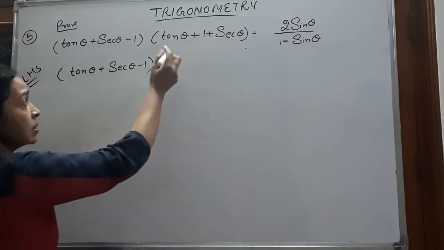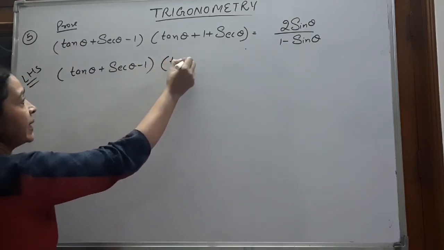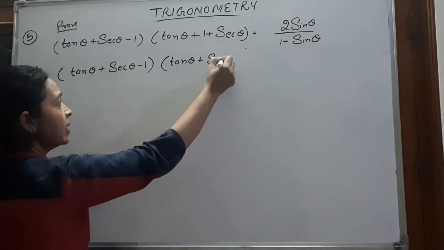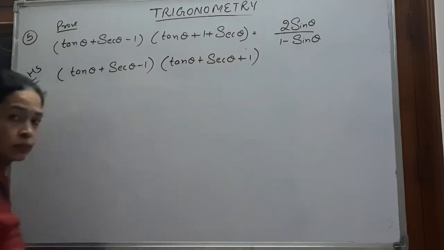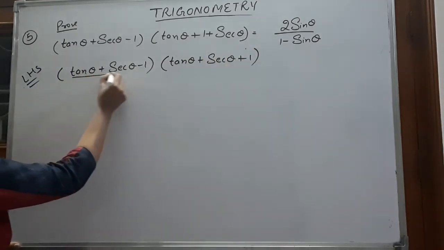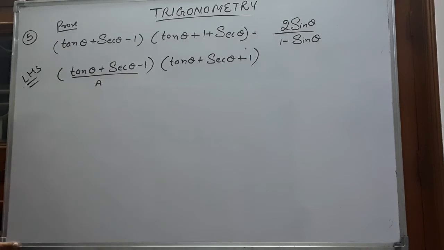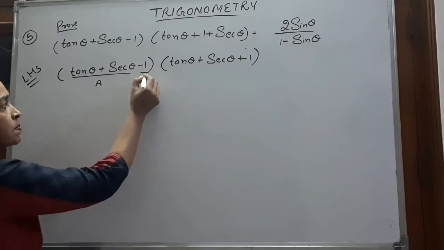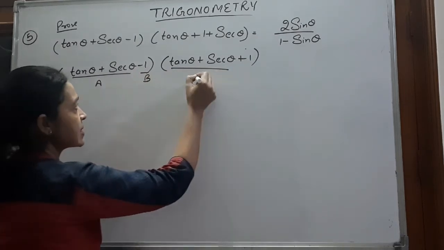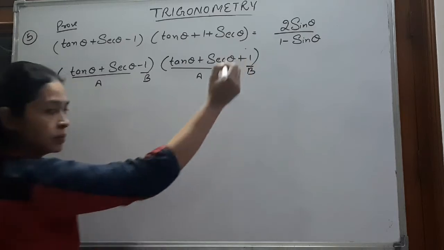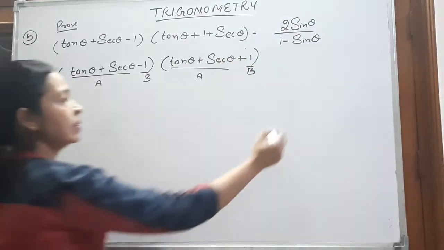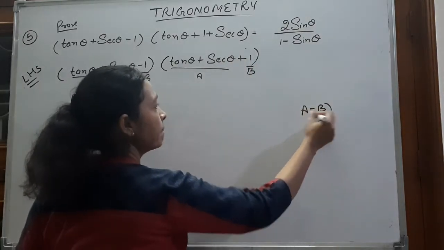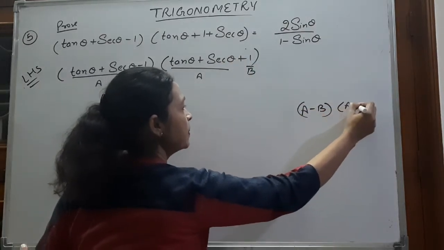If we rearrange these terms, we can write tan theta plus sec theta plus 1. Tan theta plus sec theta, if we take this as a and this as b, again this is a and this is b. What do we get? A minus b and a plus b.